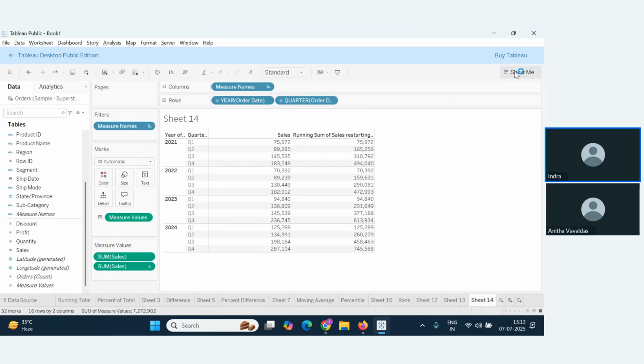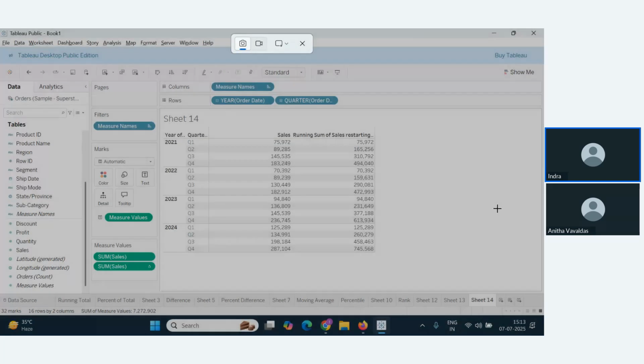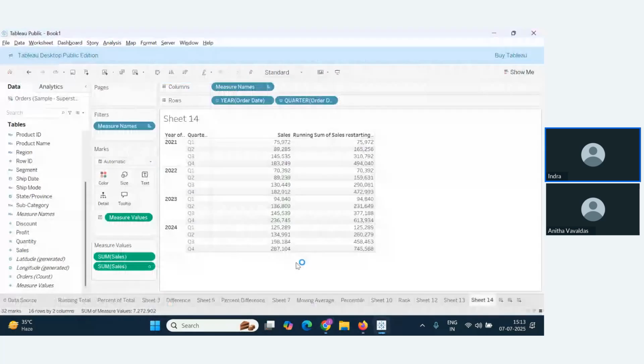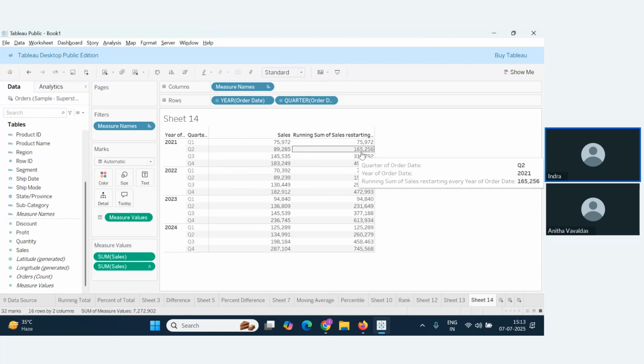Got it? Am I clear? YTD, year to date total, is the same as running total, but here the compulsion is that you should have a date related field. If you sum these two values, you get this value.